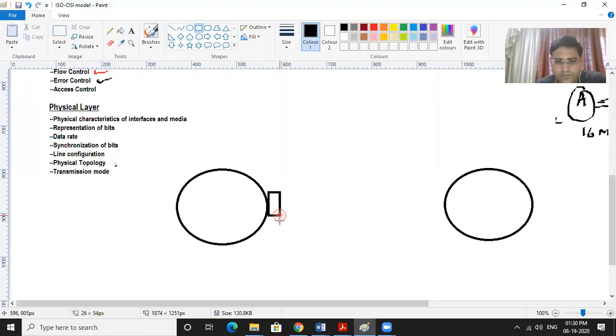Let me introduce a router as well at both the ends.